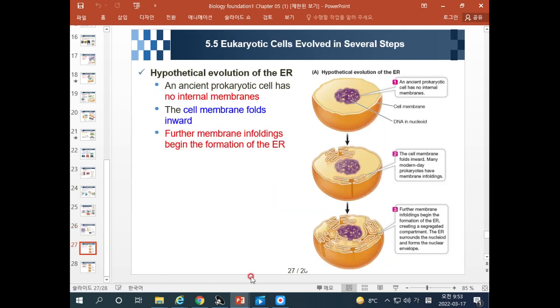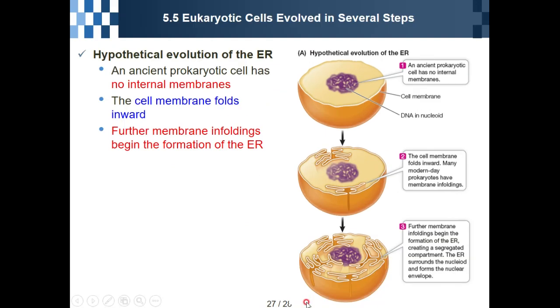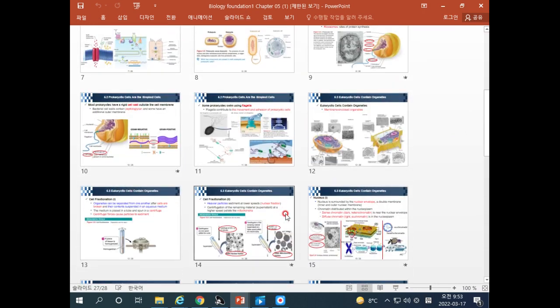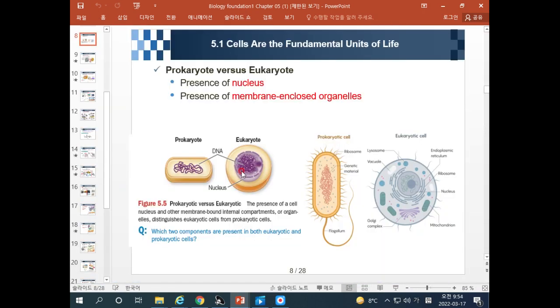Now finally we will cover how eukaryotic cells evolved. They did a lot of evolution. If you see the prokaryotic cell, they are very simple. So there is not much evolution, but eukaryotic cells are very complex. It means that there was lots of evolution.